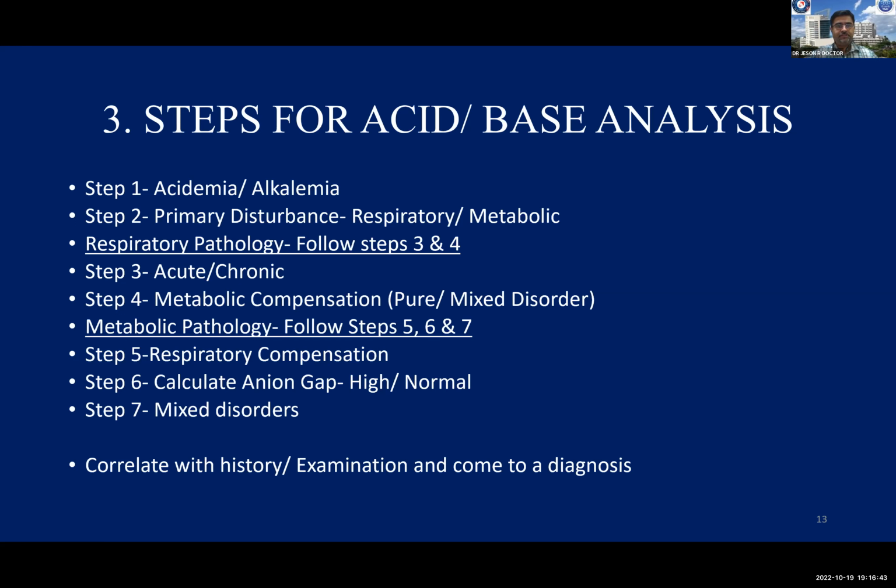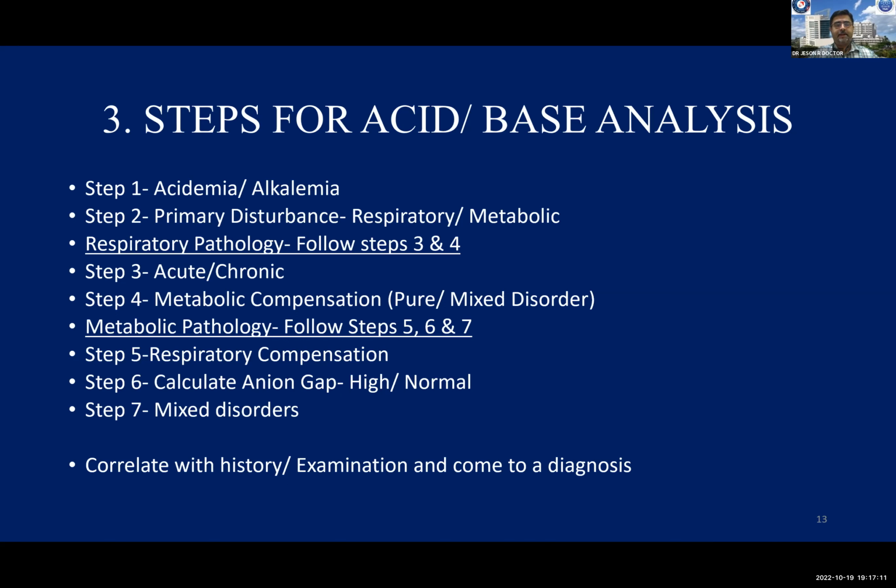The first step is whether the patient has acidemia or alkalemia. Step 2 is what is the primary disturbance responsible for the acidemia or alkalemia, whether it is respiratory or metabolic. If the pathology is respiratory, you follow steps 3 and 4: whether it is acute or chronic, and whether there is any metabolic compensation associated with the acute or chronic respiratory pathology.